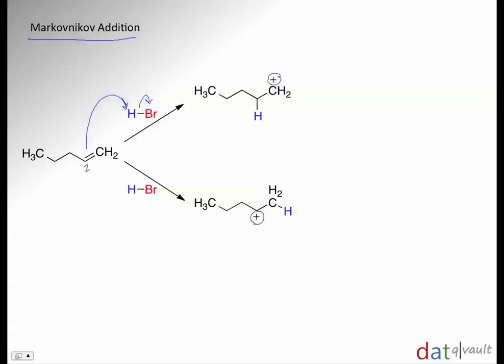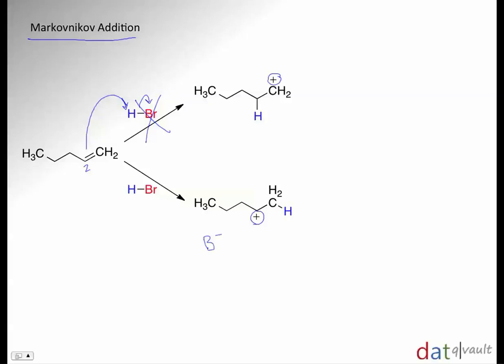So Markovnikov's rule says that hydrogen is going to add in such a way that you're going to form the most stable carbocation. We all know that primary carbocations are extremely unstable, and secondary is far more stable, followed by tertiary being the most stable of all the carbocations. So when adding HBr across this particular alkene, we're going to form the secondary carbocation, the more stable one, and so this intermediate up here is not going to be formed whatsoever.